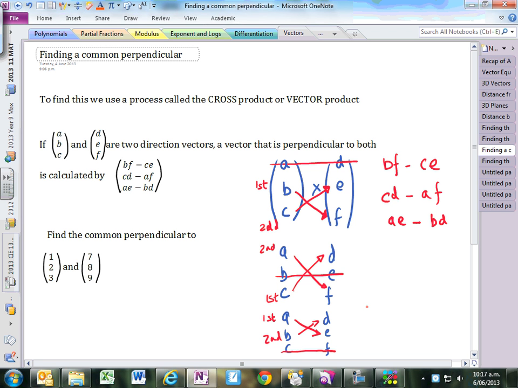Do we have to memorize this? You need to memorize that process, yeah. What's it called? Okay, this is called the cross product, and it finds vectors that are perpendicular.